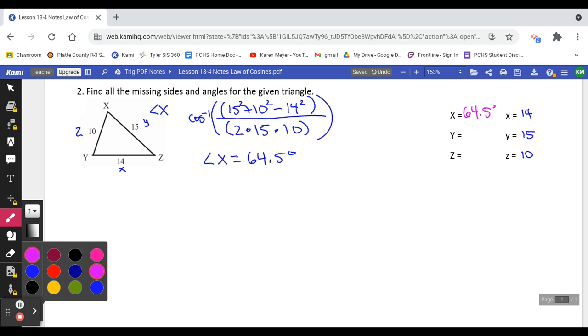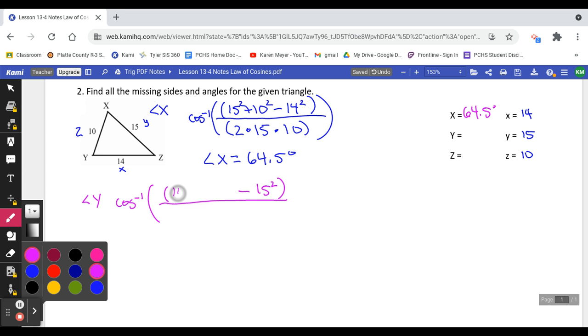Okay. Now, I'm going to go and do another angle. So I'm going to pick angle Y. And for angle Y, I'm going to do the inverse of cosine because it's an angle. And then remember, you got to subtract little y because you always subtract what matches the angle.